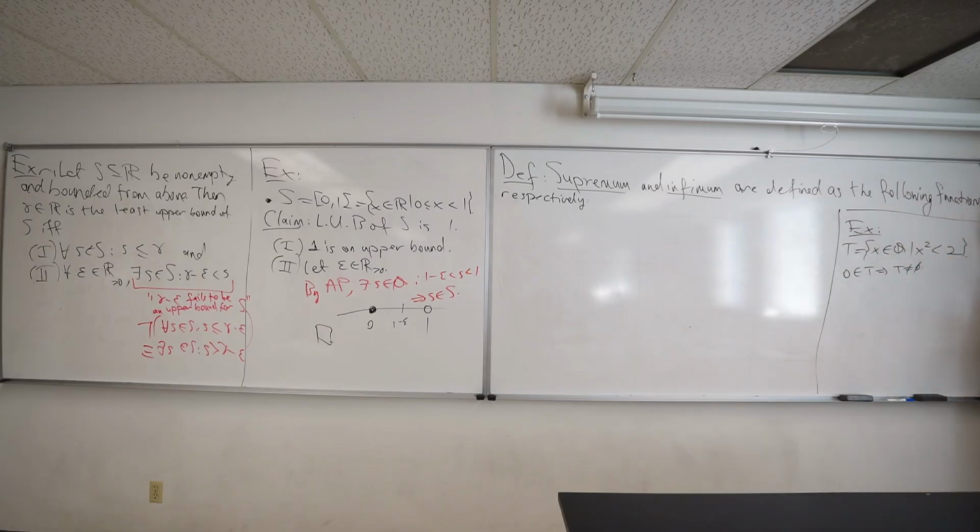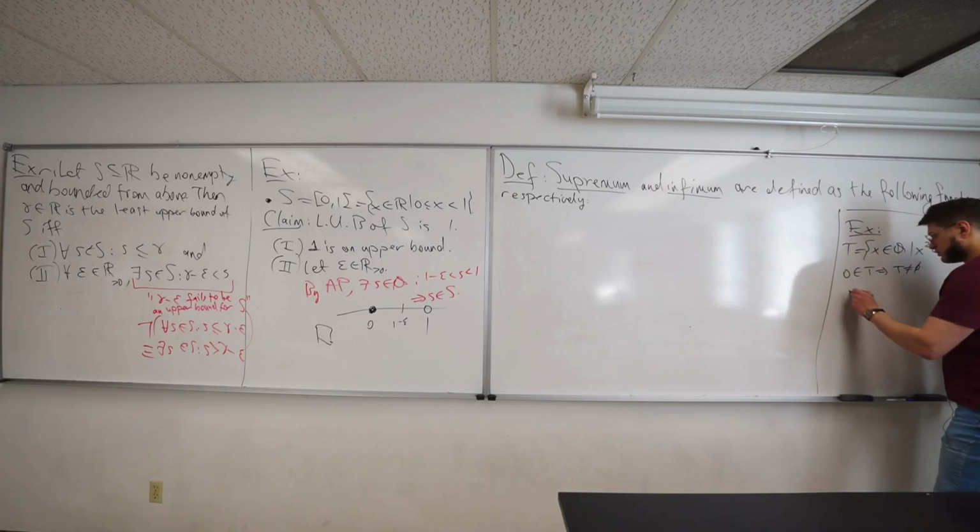Now I want to say something about it being bounded. Certainly, if x squared is strictly less than 2, x squared is also strictly less than 4, which would imply, by taking the square roots, that x is less than 2.